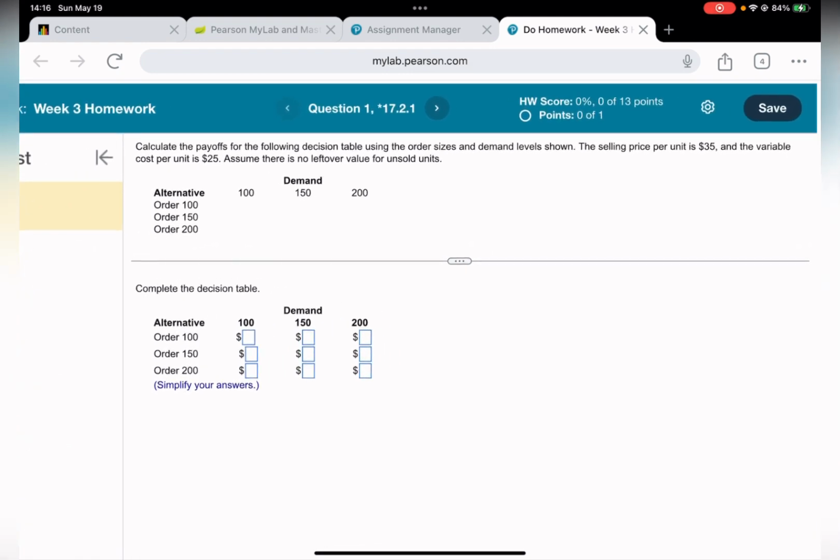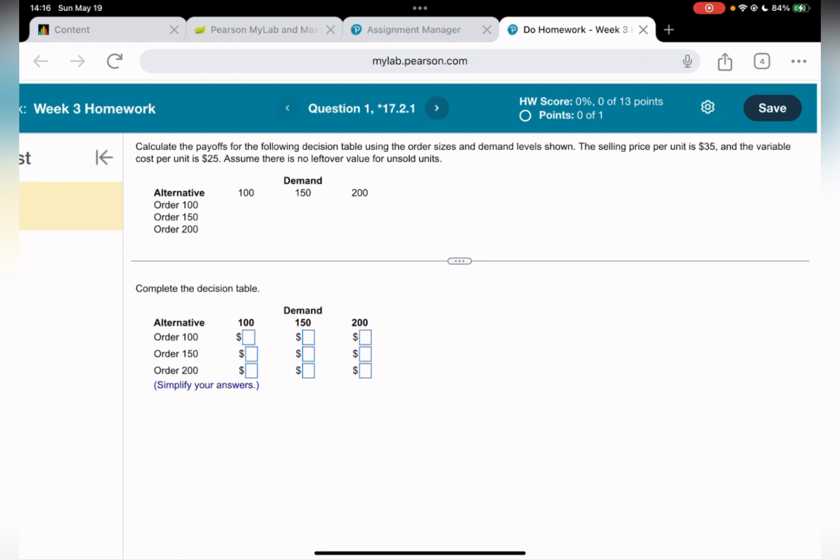That shows order size under alternative: order 100, order 150, and order 200. And the demand goes in horizontal position: 100, 150, 200. The selling price per unit is 35 and the variable cost per unit is 25.